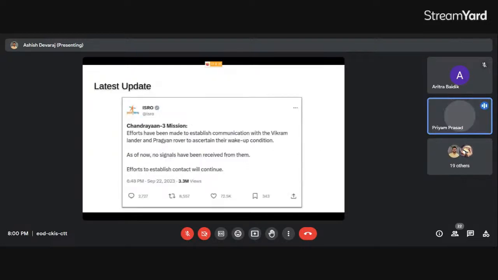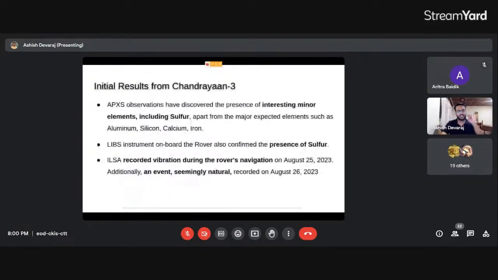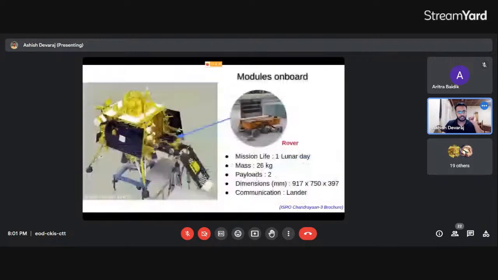Sir, could you please explain how the rover was deployed from the lander and how it was placed in the lander? For that, I'll have to go back. Look at the figure on the left side. That golden bigger structure is the lander, and it had a cavity on one side where the rover could be fixed.